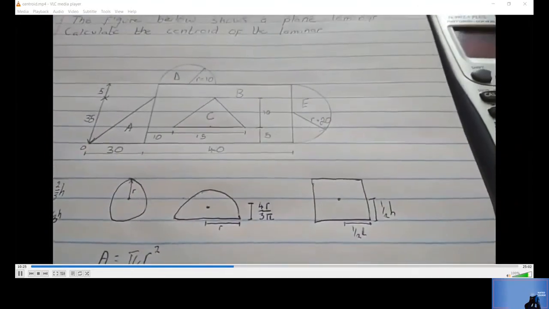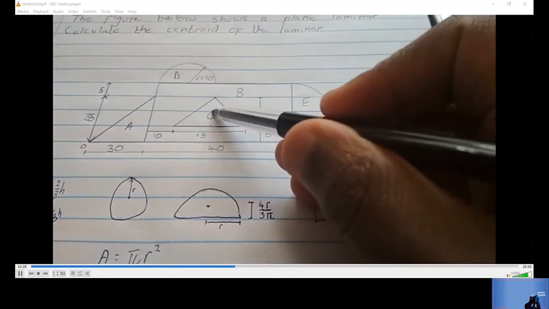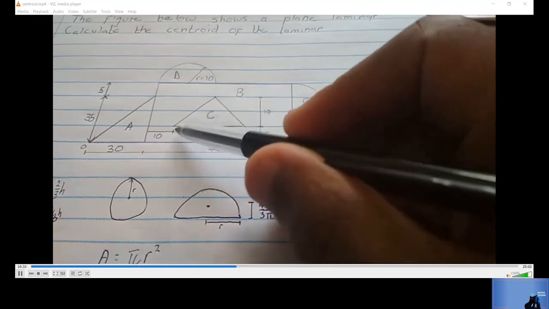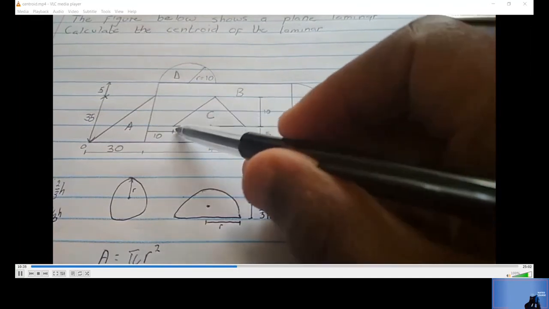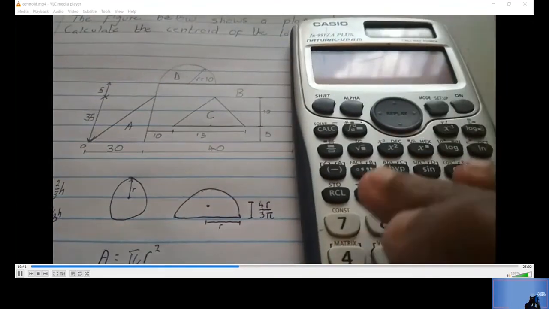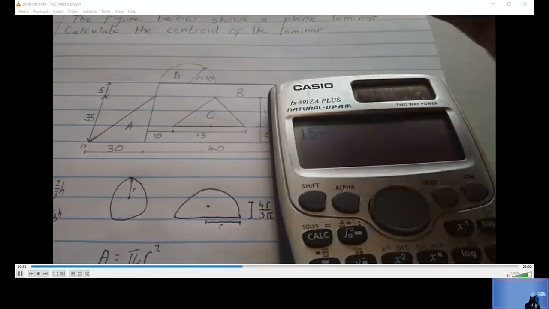And for C, our centroid is also there. Okay, so we're going to take half of 15, which is 15, all right, divide by 2, we get 7.5.